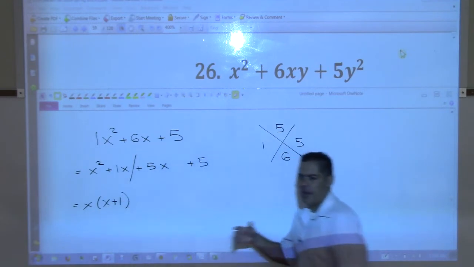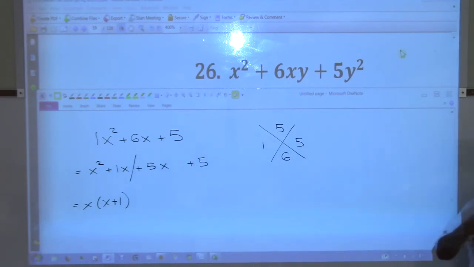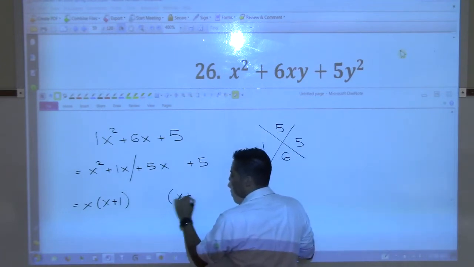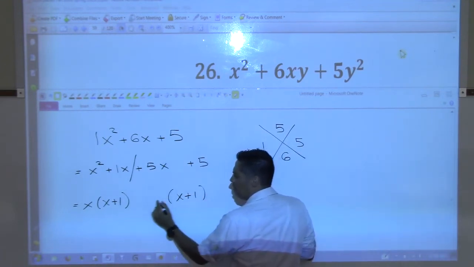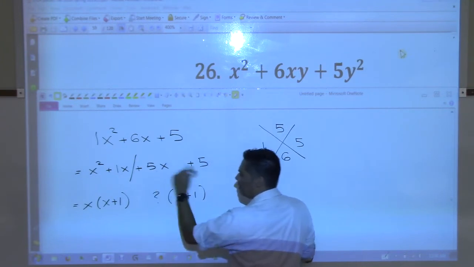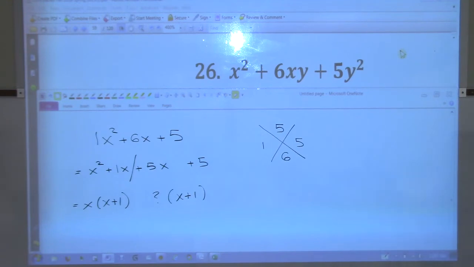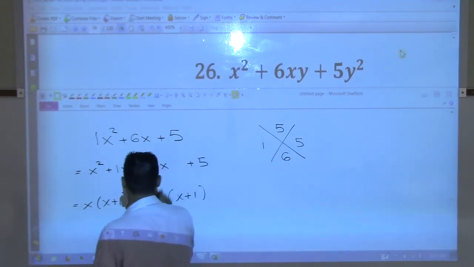And then kind of doing what we did last time, we played this game where we would put what we need here, x plus 1, and then we try and figure out what goes here to make this become this. So what would I need for that question mark if I wanted to make that turn into 5x plus 5? I need a 5, right? And since it's a positive 5, I'll put plus 5.